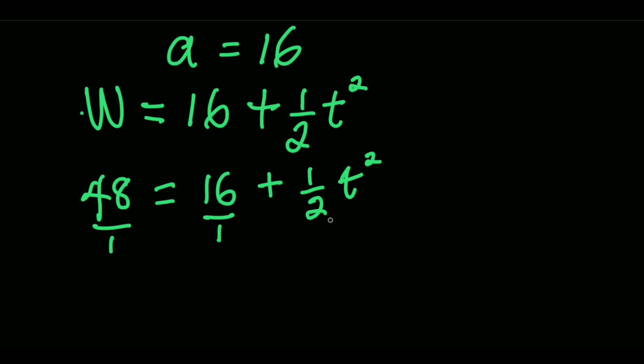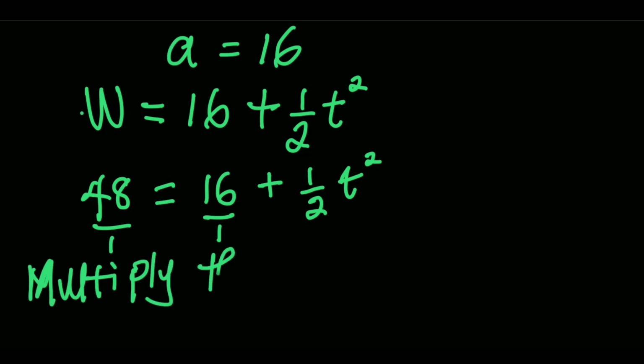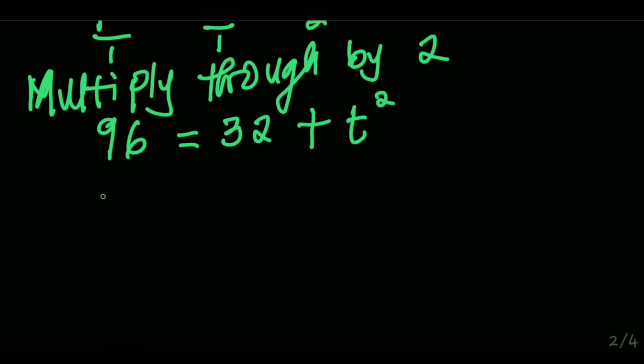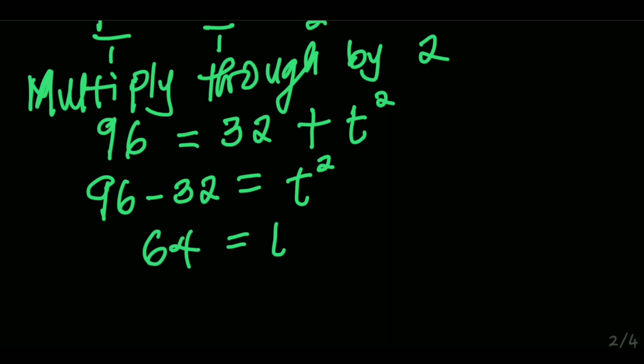The LCM of 1 and 2 is 2. So we multiply through by 2. So 2 times 48, that's 96, equals 2 times 16, 32, plus 2 times 1 over 2 T squared, that will give us T squared. And so we have 96 minus 32 equals T squared. And 96 minus 32, that's 64, equals T squared.